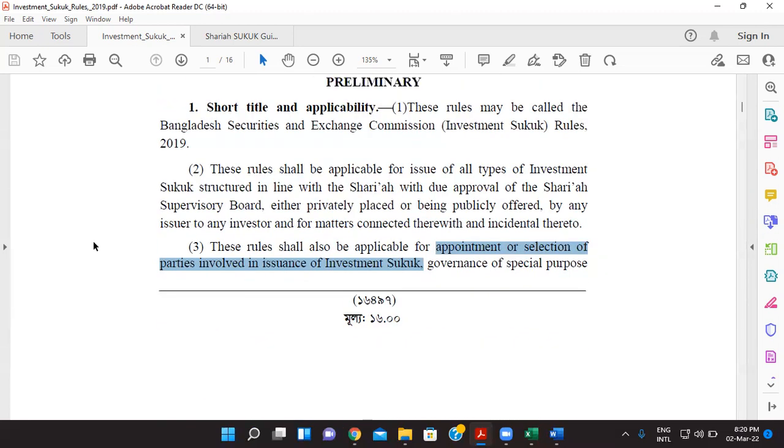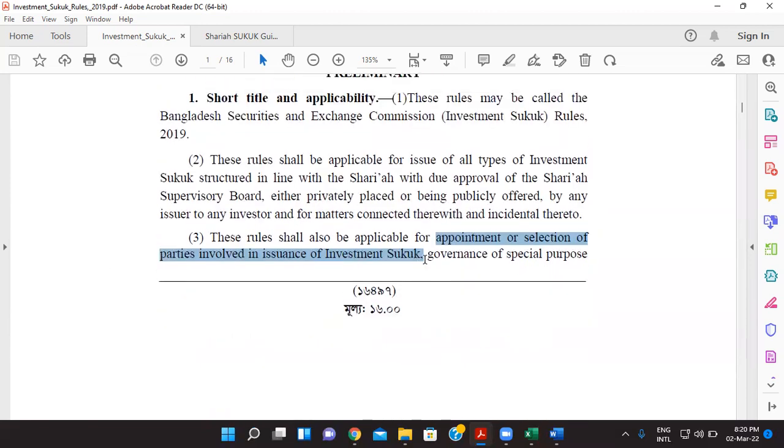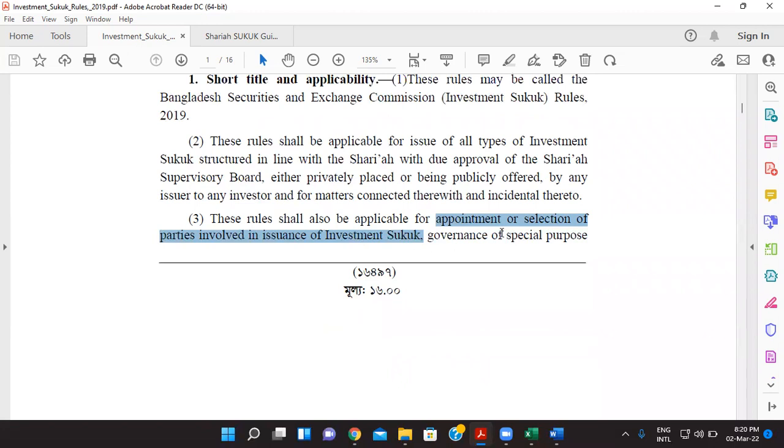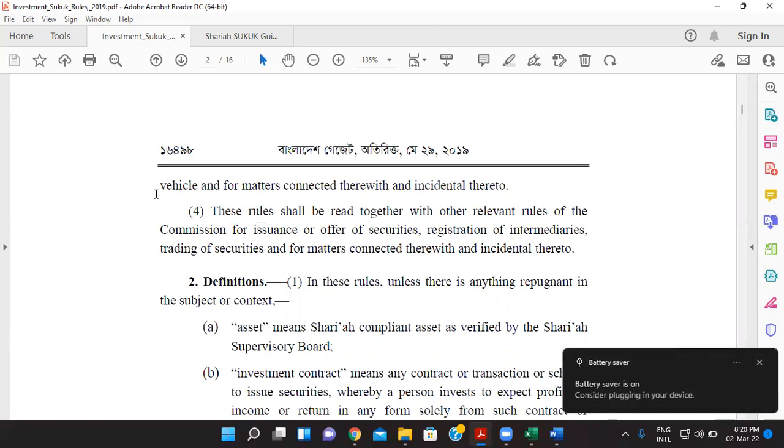Okay. And you probably can recall that when we issue sukuk, we have to appoint a special purpose vehicle or SPV or institution which will be issuing the sukuk security on behalf of the originator of the sukuk.